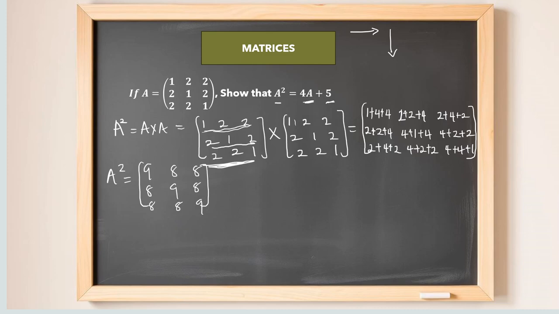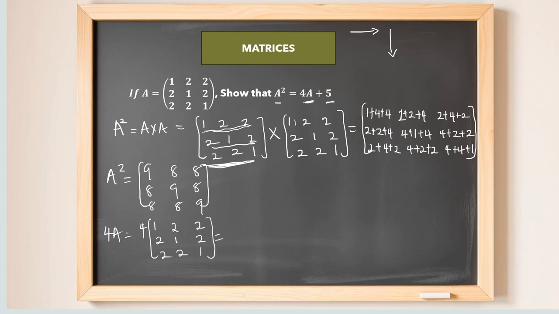This is our objective. Now, to do this, we have 4A. This is scalar matrix multiplication. To get our 4A, it is 4 multiplying the matrix A, which is 1, 2, 2, 2, 1, 2, 2, 2, 1.